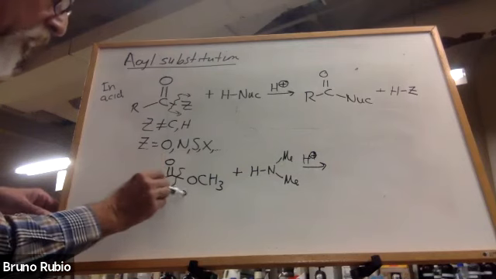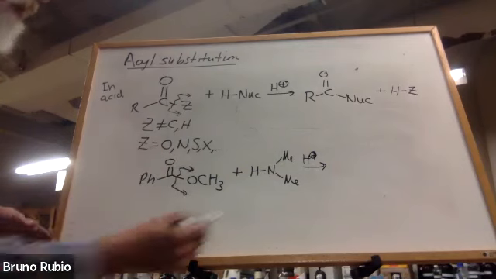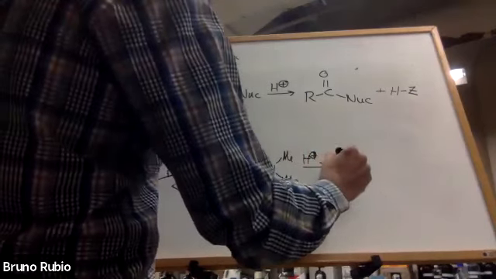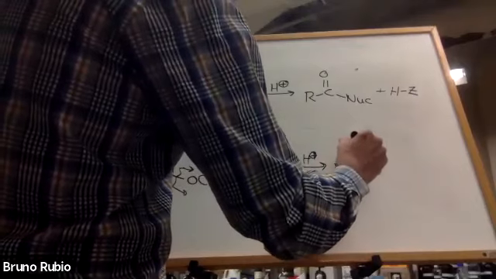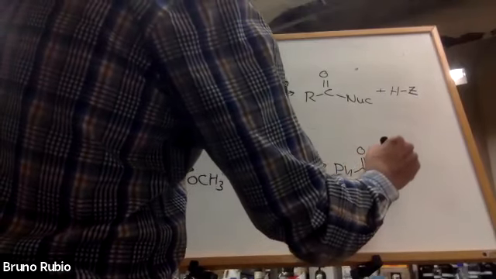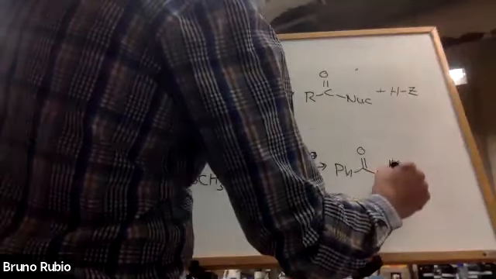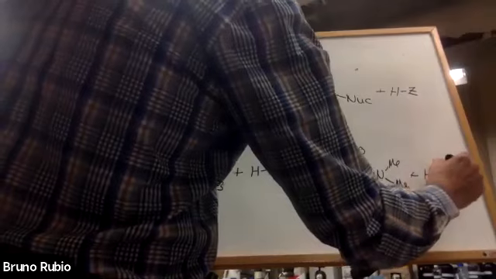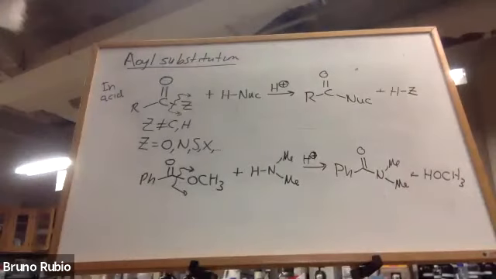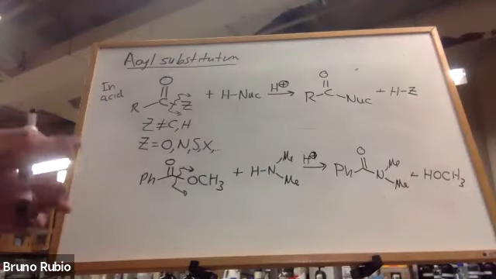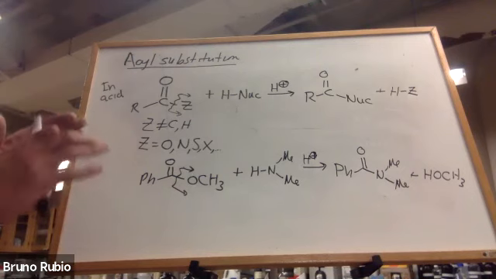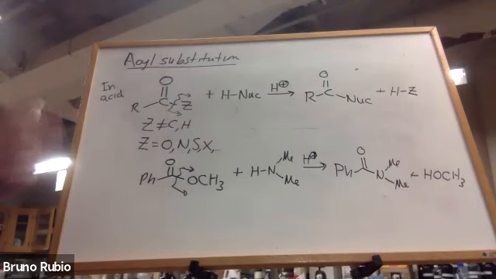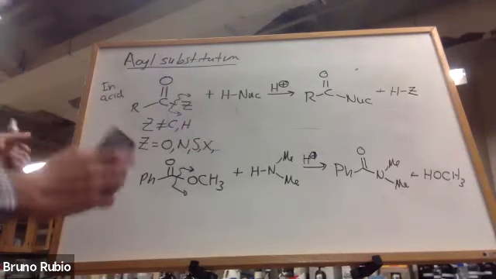The thing that's not carbon and not hydrogen is going to break off, and the nucleophile minus a proton is going to take its place. So in this concrete example of acyl substitution, we see this is a way of going from an ester to an amide. All right, so that's the overall reaction, the net reaction, the predict-the-product kind of problem of acyl substitution under acidic conditions.